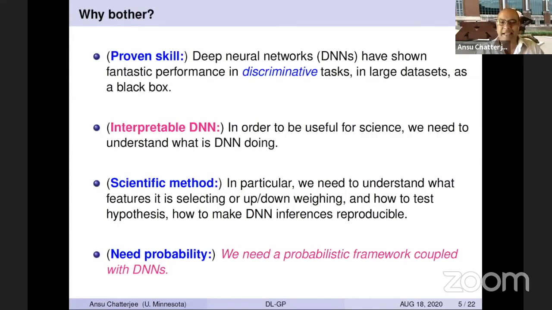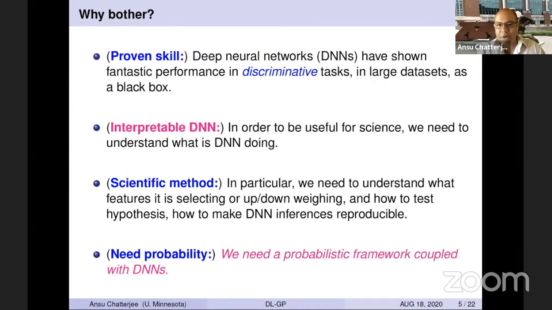So that relates to being able to test a scientific hypothesis, being able to frame new hypotheses, and very, very critically for doing any science, not just the ones that were presented, but everything, whatever we do with deep neural networks needs to be reproducible.